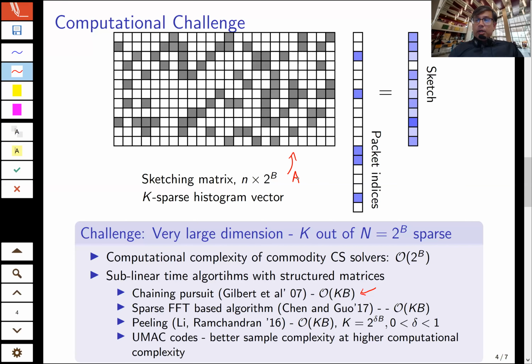So I'm not going to review all these algorithms in detail, but what I'm going to say is that if we take the viewpoint that the compressed sensing problem is a multiple access problem, we can use codes that are designed for multiple access to solve this problem, and you require a far smaller number of samples, or n, which is the size of the sketch that you need to store, at a slightly higher computational complexity.